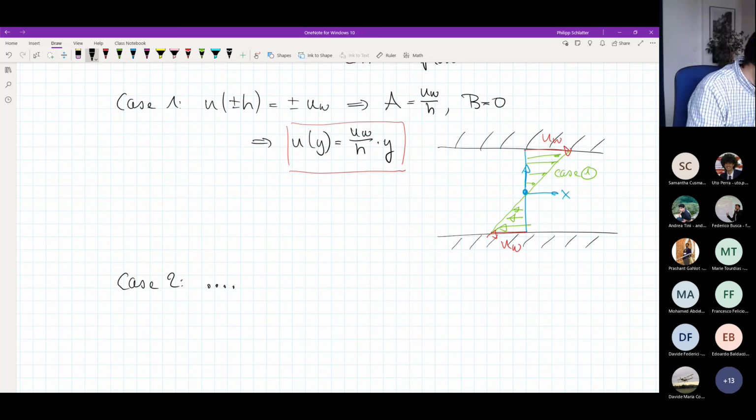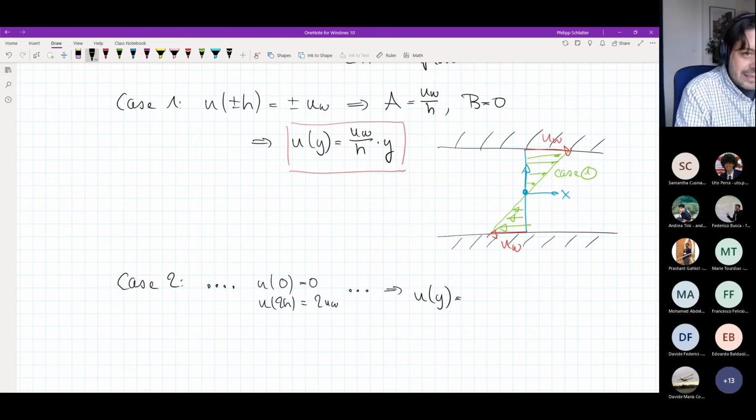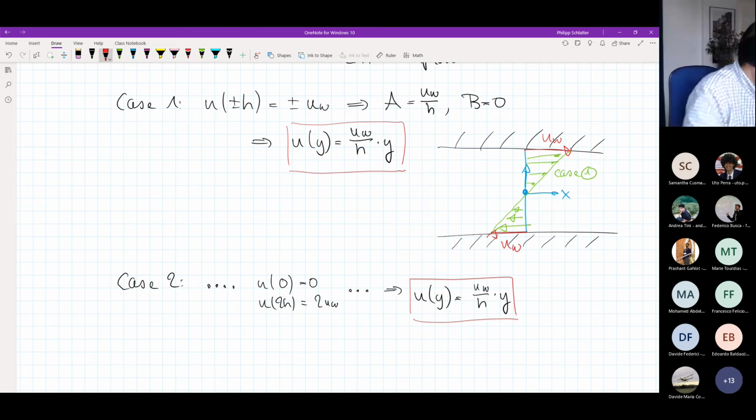You had u at 0 being 0, and u at 2h would then be 2uw. Well, and if you now do the calculation, what you will actually get as a result is that u as a function of y would essentially be exactly the same result as before, namely uw divided by h times y.